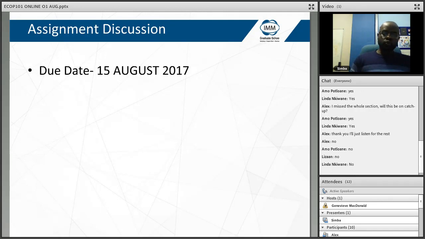Let's move on to question 2. The instruction on question 2 says redraw the following PPC diagram by hand for country J and answer the questions that follow. The question says by hand, so you type your assignment and leave a space to draw the graph.